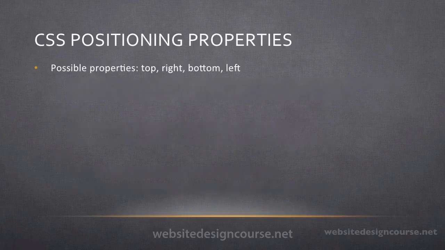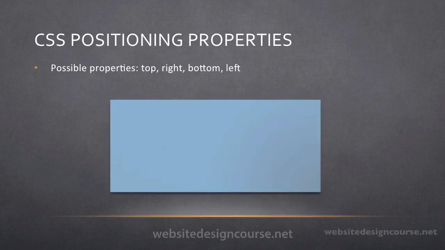When you're using CSS positioning, you have 4 possible values for positioning, and they are top, right, bottom, and left. Now, the way this works is if you use positive values, you're going to be moving the element in. So you can see if I use a positive value for the property top, I'm actually going to be moving it down.